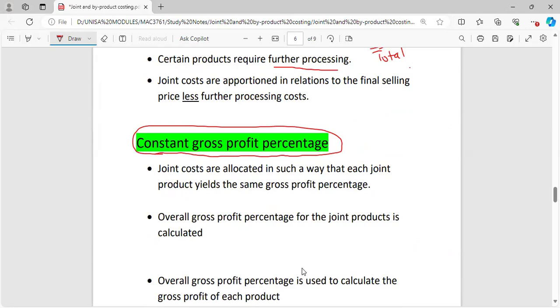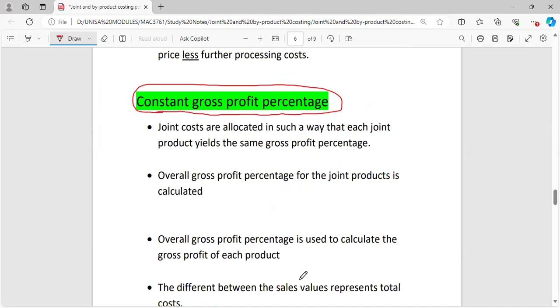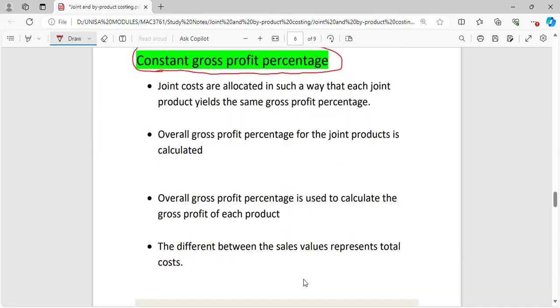From the gross profit of each product, you are now going to calculate the difference from the sales value. What is that going to represent? The total cost.